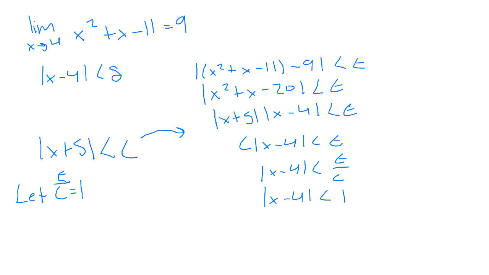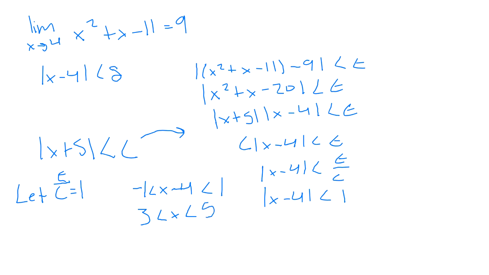Well, we can get rid of this absolute value and say that negative 1 is less than x minus 4, which is less than 1. From here, we can isolate x on its own, to where we have 3 is less than x, which is less than 5.